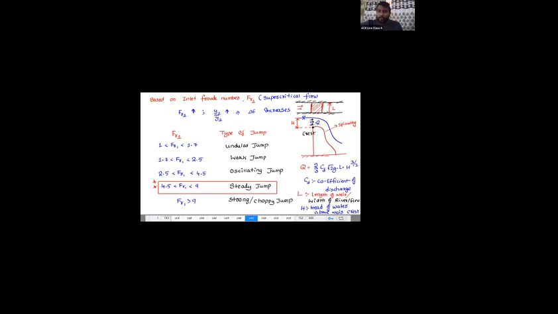So based upon the flow rate, the inlet Froude number changes. When the inlet Froude number changes, the type of jump changes. Okay. Now, let's see some of the questions based upon this.